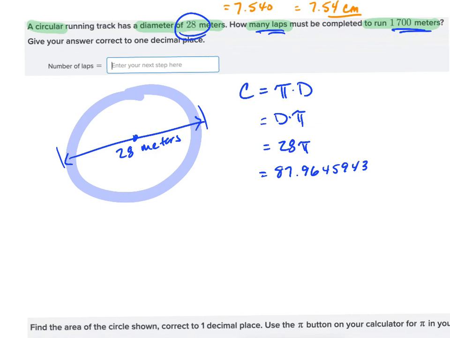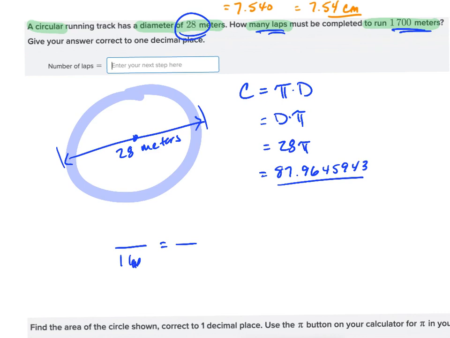87.9645943. Now, some of you might be asking, why are you writing it all the way out? They just want it to one decimal place. Well, first of all, I might use this whole number for what I'm about to do.